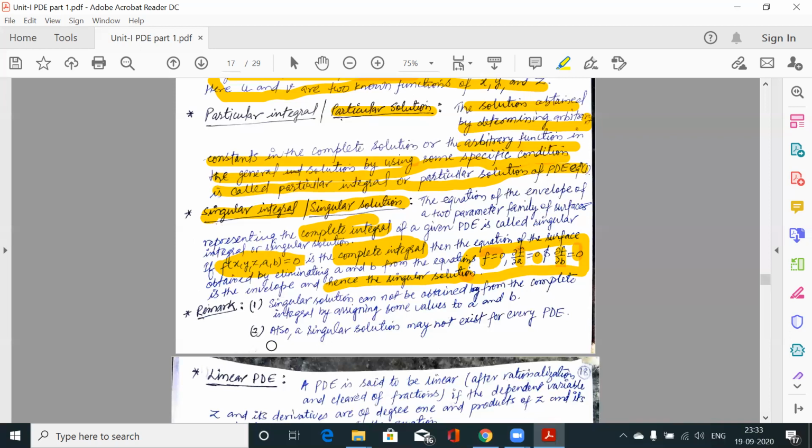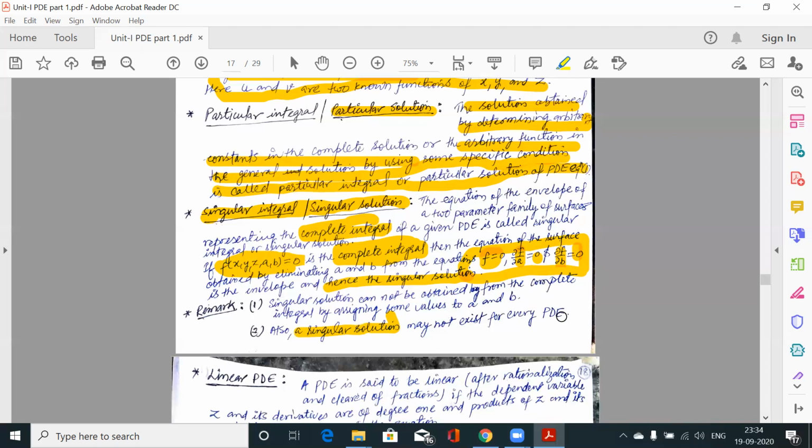So we have two remarks here. A singular solution may or may not exist for any PDE. It is not always that you can find the singular solution of a PDE; it may exist or may not exist. For this we need the elimination process. If elimination is possible, meaning we are fortunate to find one equation free from a and b out of these three equations, then the singular solution exists.